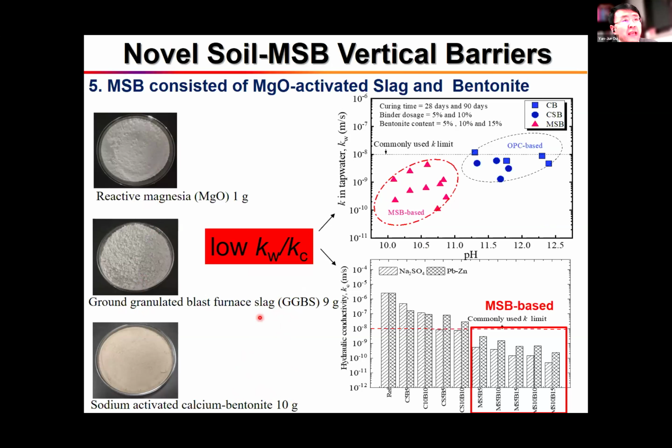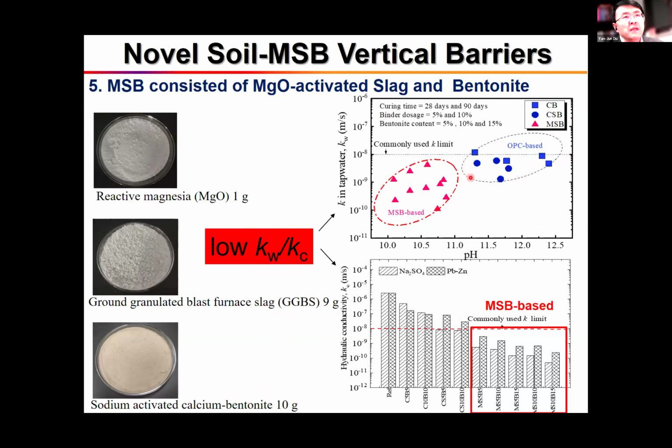I mean, local soil is sand, to make up the backfill material. We compare the hydraulic conductivity in distilled water or tap water with the OPC-based material. OPC is ordinary Portland cement-based material.